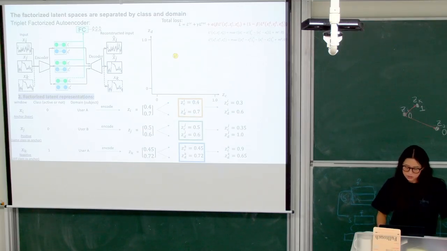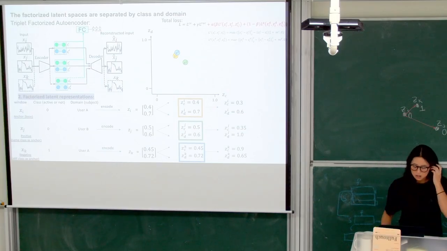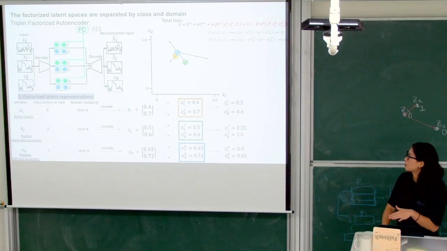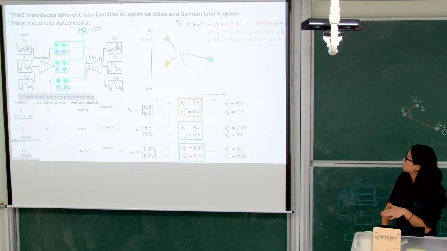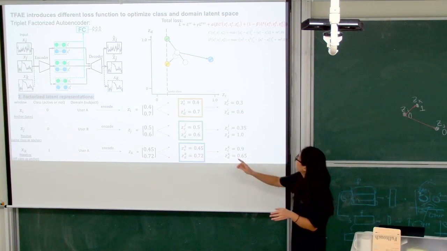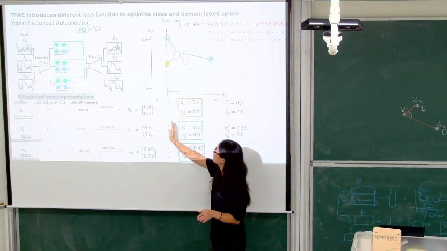So we have our zi value like this, zj and zk, and then based on the new values, it'll again move them apart. What this shows is that i and j are the same class, so they're in the same sense.